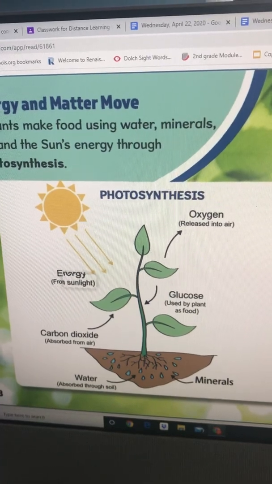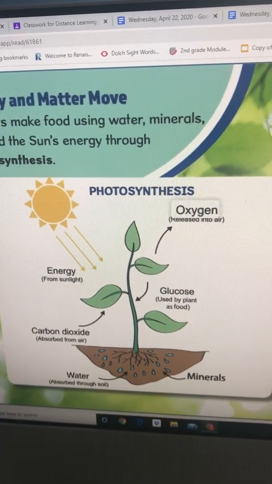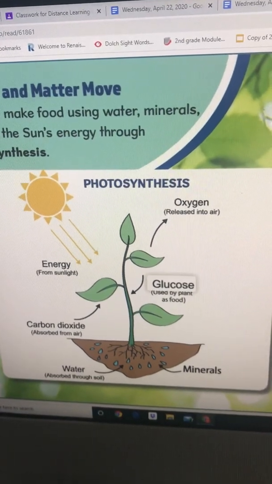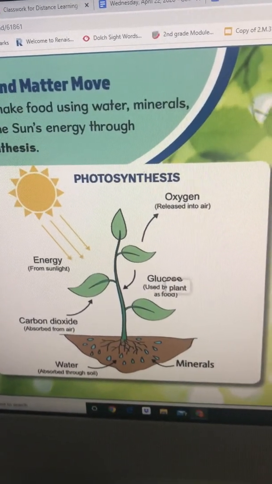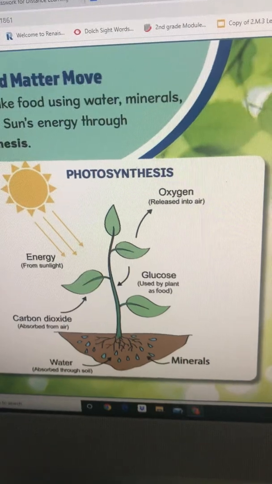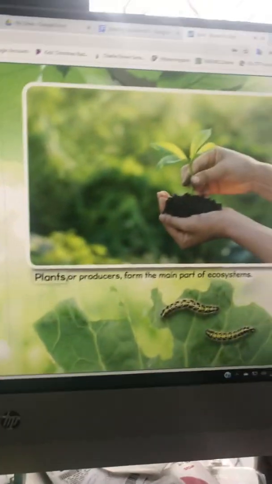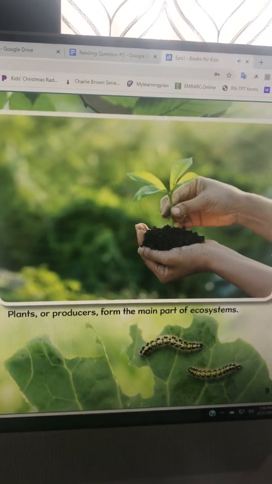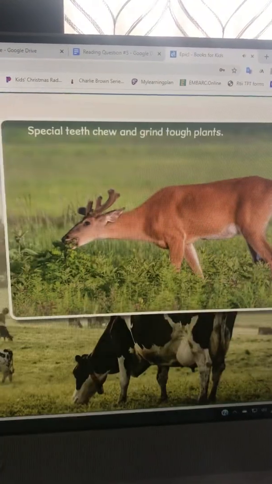Energy comes from sunlight. Oxygen is released into air. Glucose is used by the plant as food. Plants, or producers, form the main part of ecosystems.